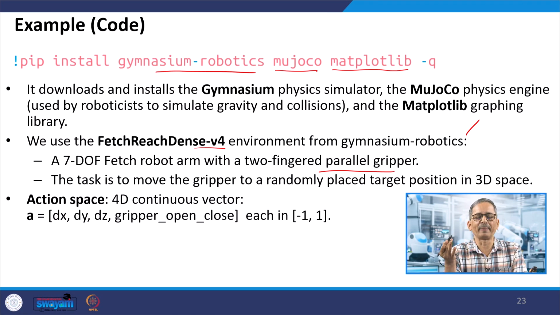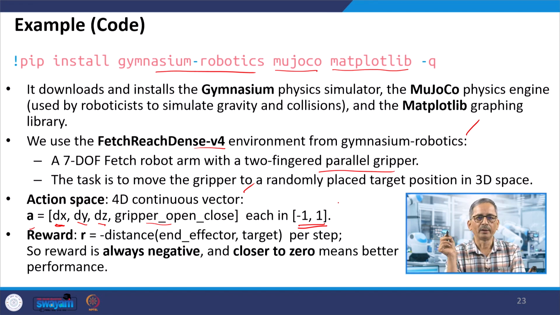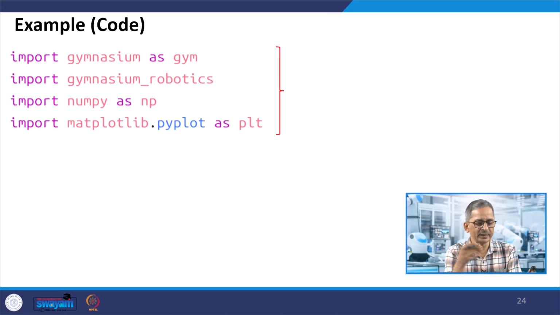The action space is a 4D continuous vector, and this action space comprises motion in the x, y, z directions and the gripper position, whether it is open or closed. Each is given a value of either -1 or 1, and the reward is the minus of the distance between the end effector and the target, per step. So, the reward is always negative here, and closer to 0 means better performance.